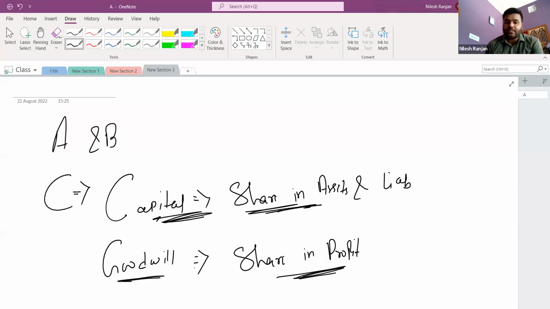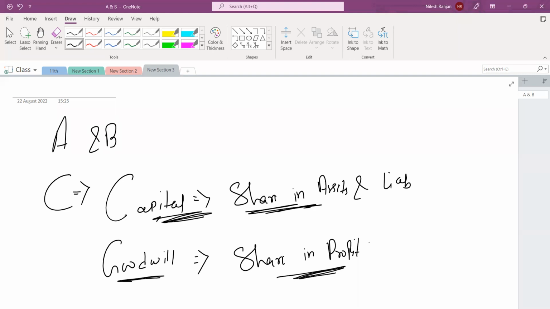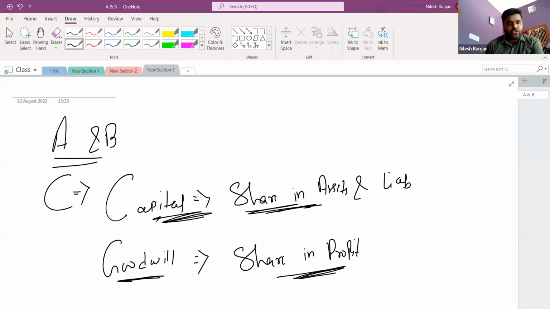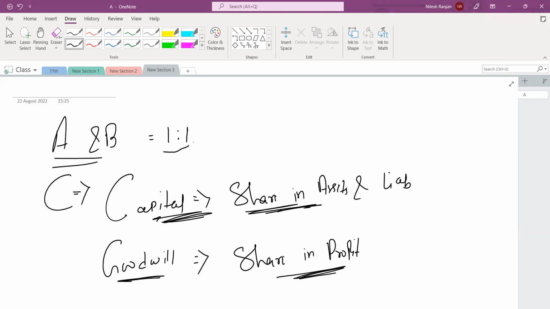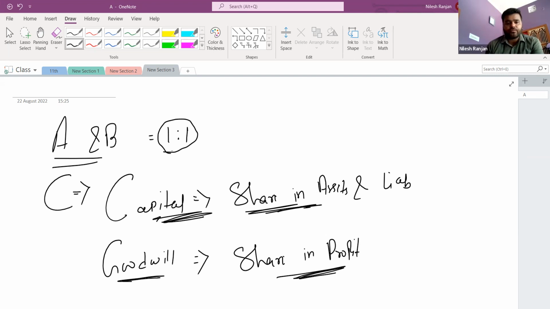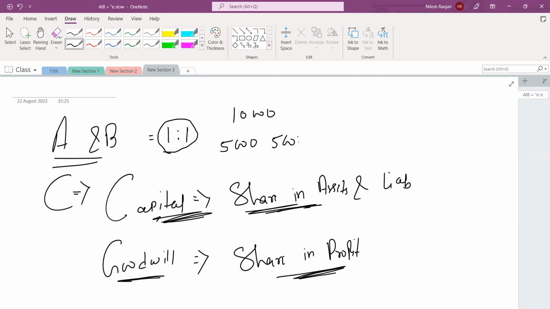I told you that C is getting a share in profit. So let's say A and B are sharing profit equally, 1:1. Now their profit share will change. Before admission of C, 10,000 profit will be distributed to A and B as 5,000 and 5,000, equally.